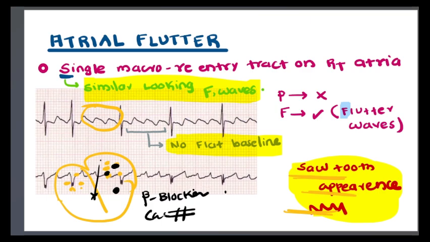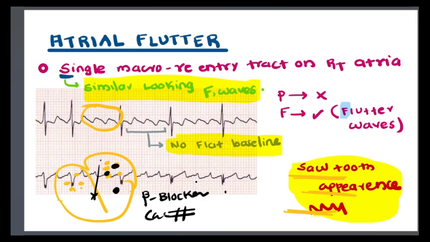These are the two drugs we use. Well, there are other drugs that can block the AV node like adenosine, but adenosine has a very short half-life, so it's not going to be useful to control the atrial fibrillation.